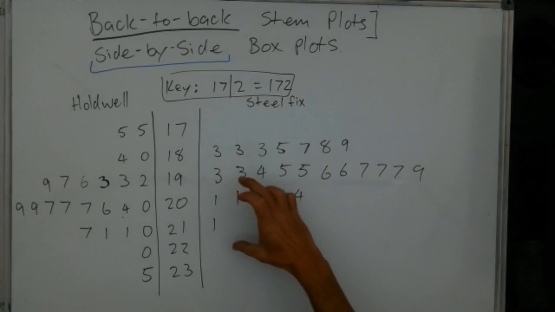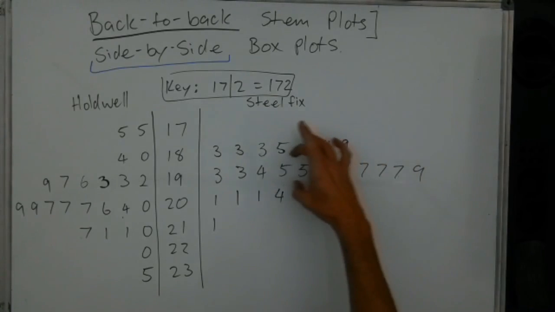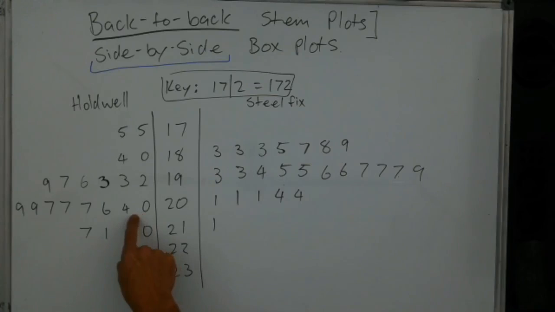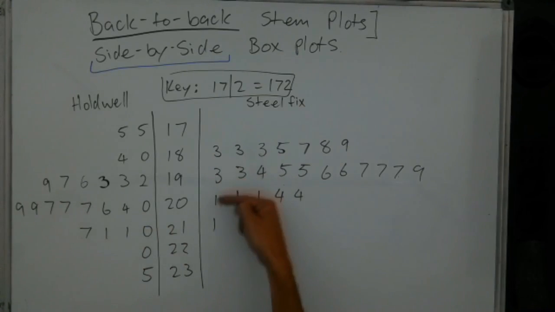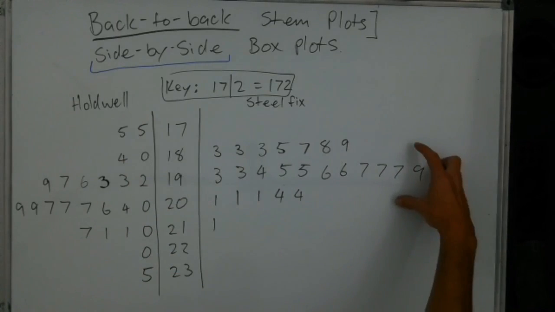So you can sort of see that SteelFix, most of their data's here. Holdwell have slightly more data at a slightly better breaking strain, but Holdwell is a lot more spread out than SteelFix.